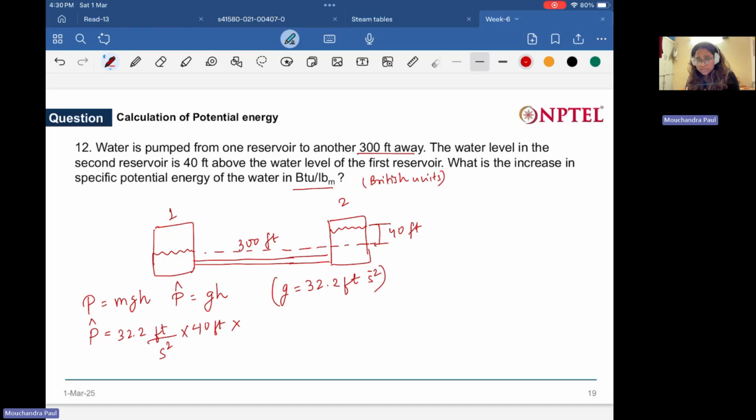In British units, there is pound mass and then there is pound force. Pound force is like Newton in SI.